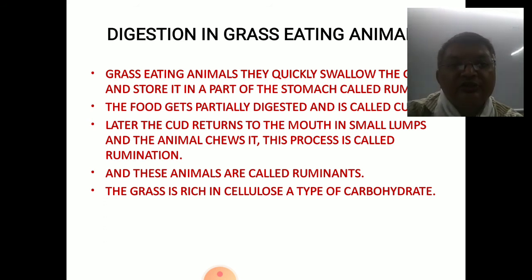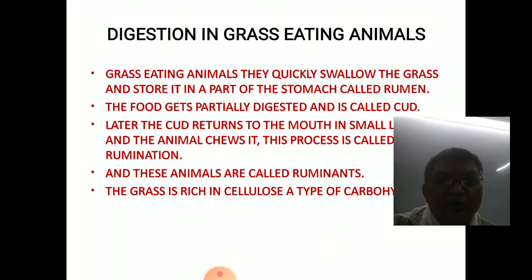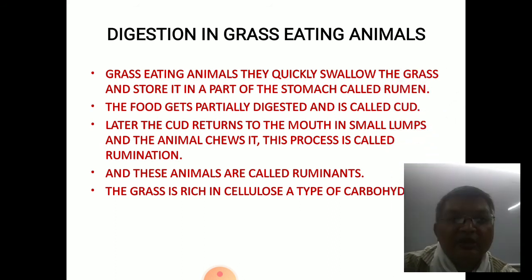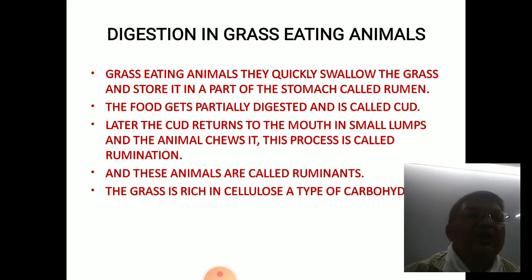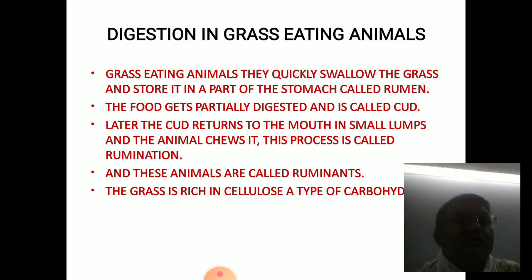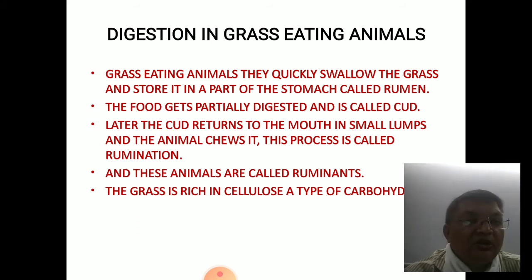The grass is rich in cellulose, and cellulose is a type of carbohydrate. So remember, grass eating animals quickly swallow the grass and store it in their stomach, and the food gets partially digested and we call it cud.